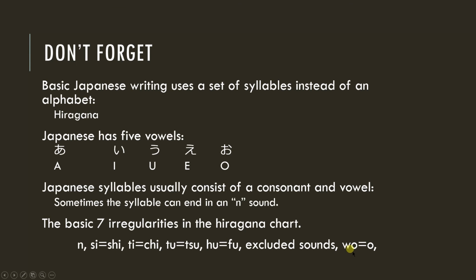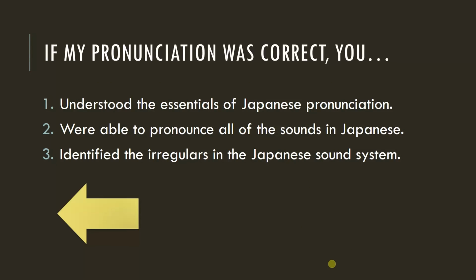And the wo is actually pronounced as an o. Okay. So if my pronunciation was correct, you understood the essentials of Japanese pronunciation. You were able to pronounce all the sounds in Japanese and identified the irregulars in the Japanese sound system.